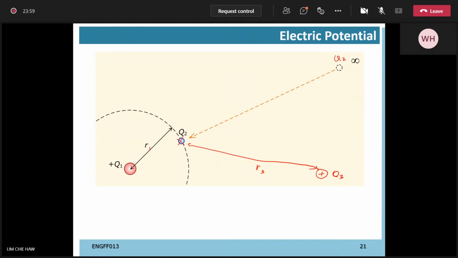When I explained this, Q1 was the only one setting up the field. Now I have another one, Q3, which also sets up an electric field. So I have two charges setting up the electric field, and now I want to bring the test charge Q2 to this specific location, at distance R1 from Q1 and distance R3 from Q3. So what will be the work done?